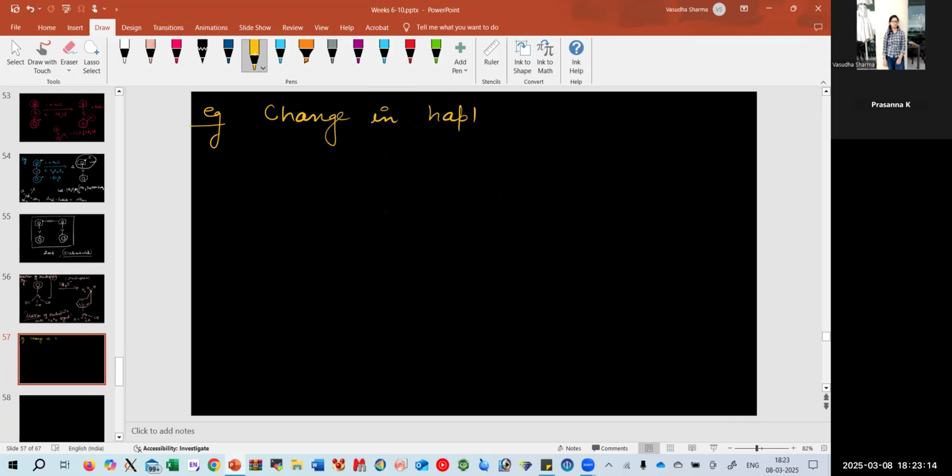Moving towards the next example, which is the change in hapticity. You might be aware of what hapticity means. If I'm taking an example of molybdenum again with 2 carbonyls and 1 Cl, and another group we are having is C7H7.